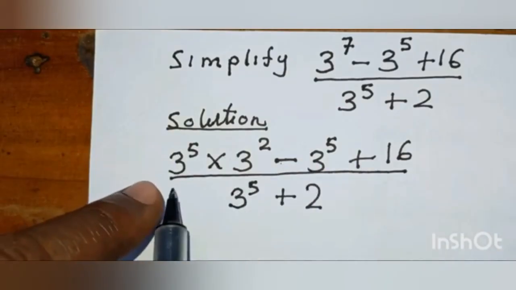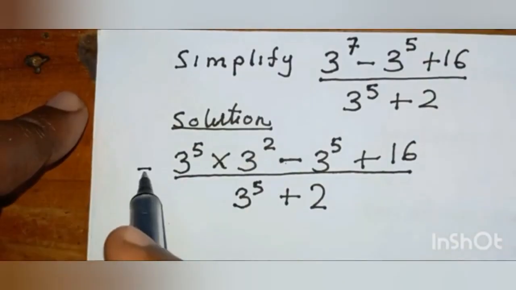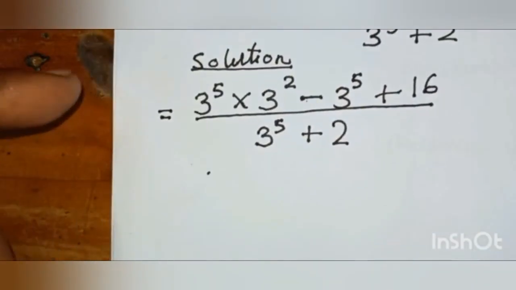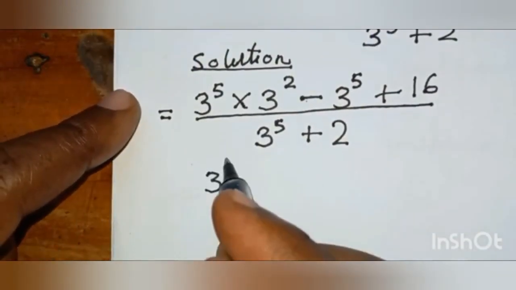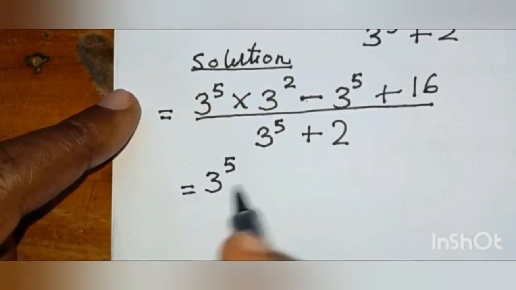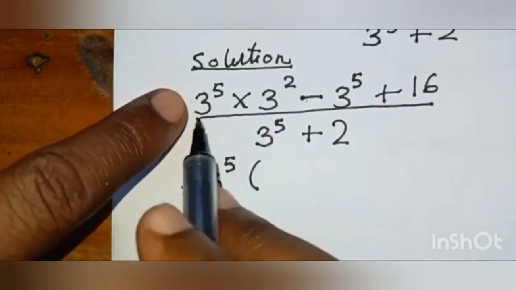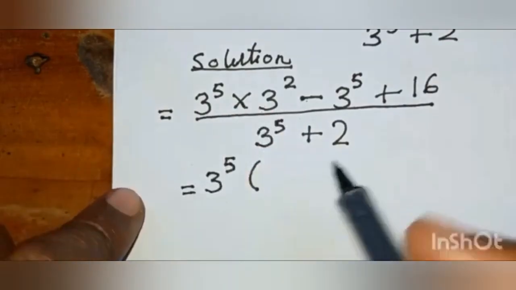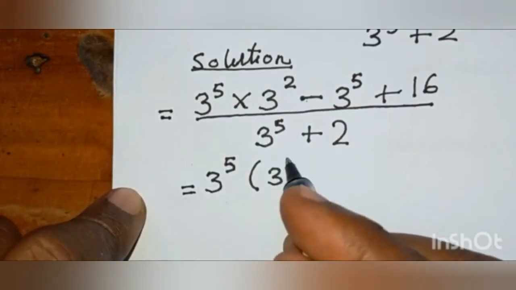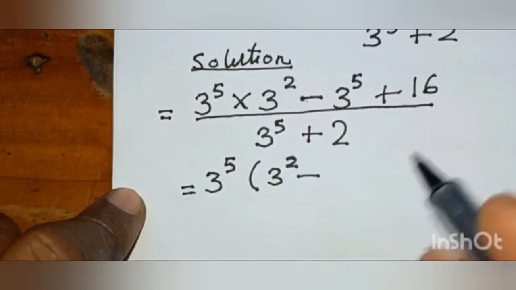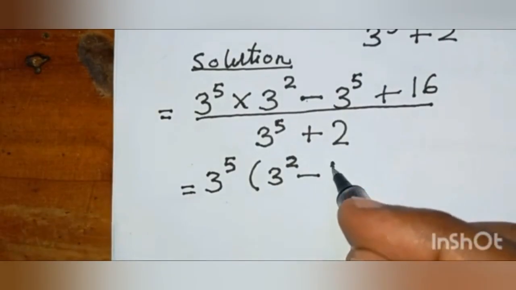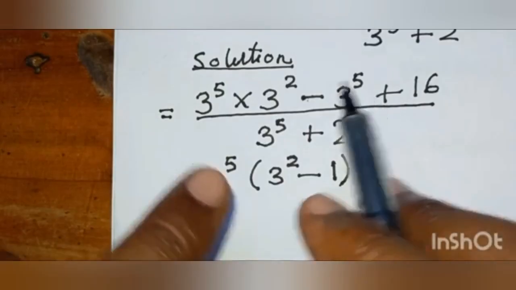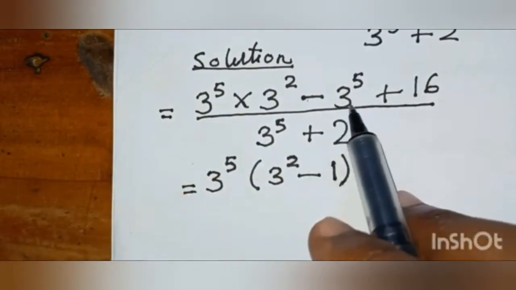So we have 3 power 5 in the bracket. Once we factor out 3 power 5, we remain with 3 power 2 minus, and here we remain with 1 because the one we factored out is the same as the one which appears here.